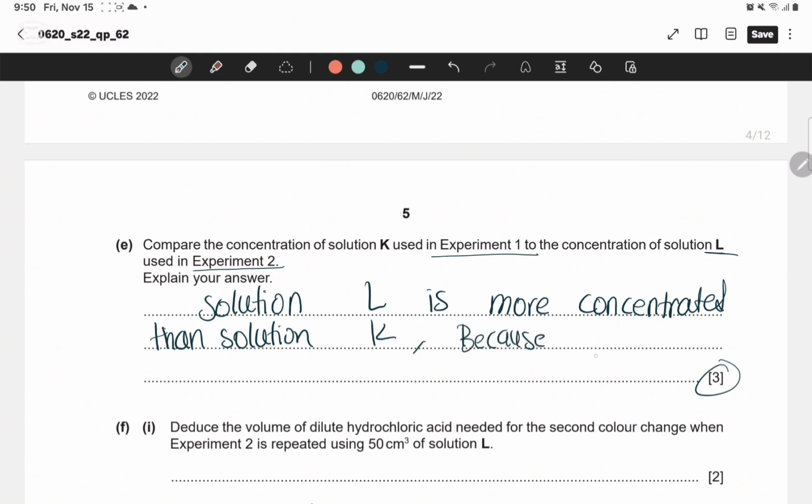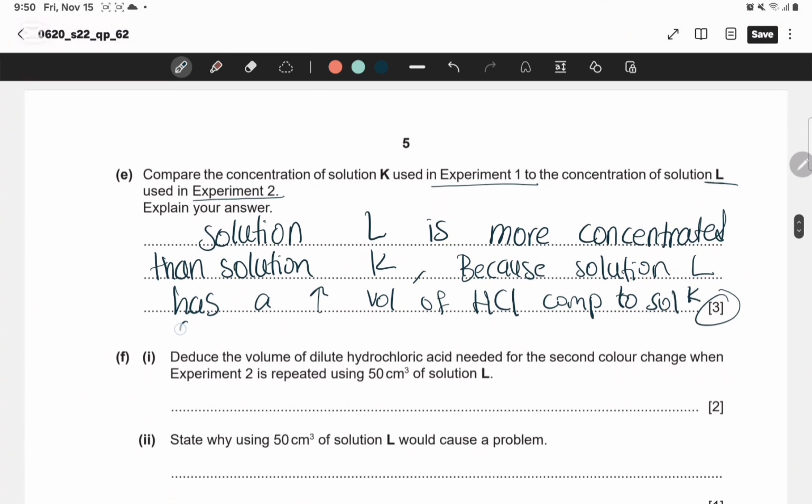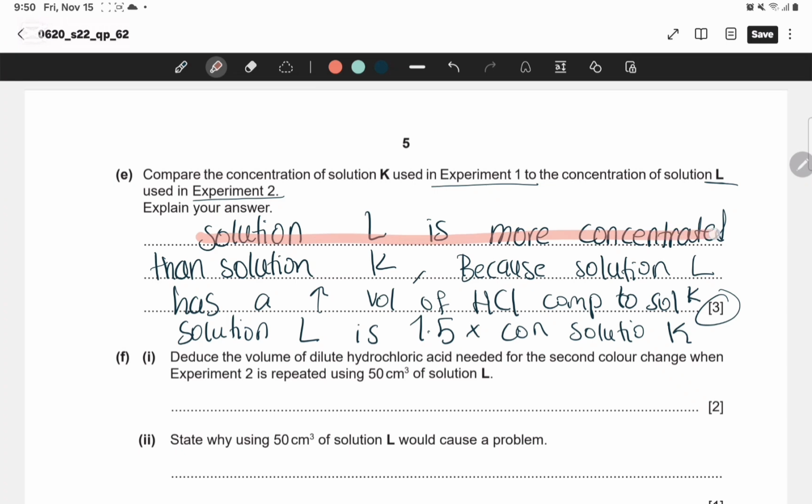Because solution L has a higher volume of HCl compared to solution K. So solution L is 1.5 times the concentration of solution K. Okay, so this is 1 mark, this is another mark, and this is the 3rd mark. So we got the 3 marks.